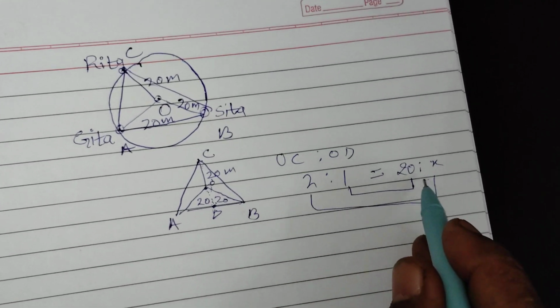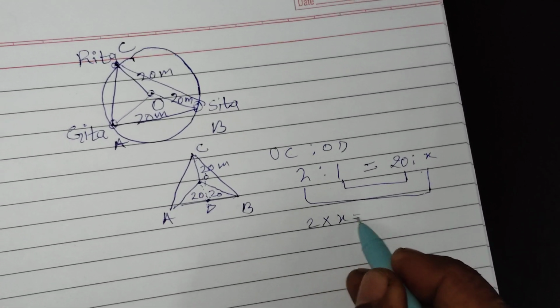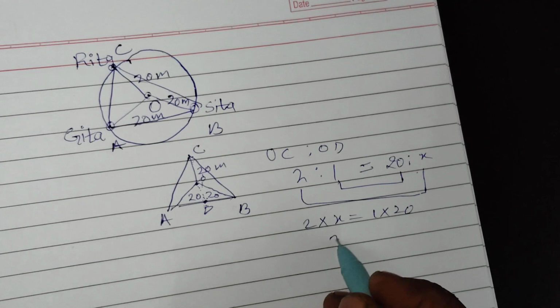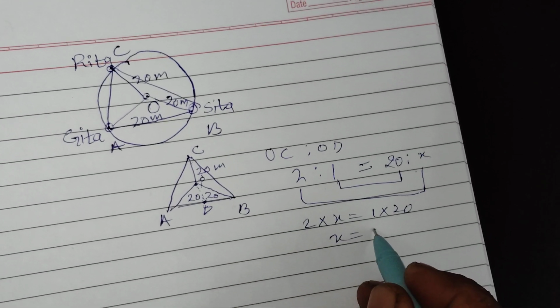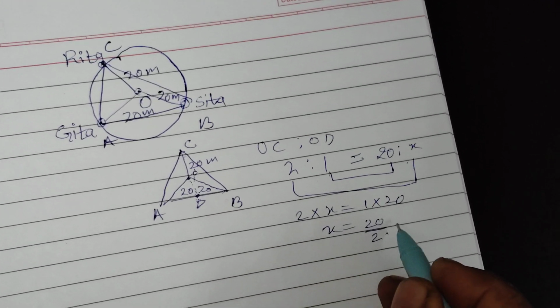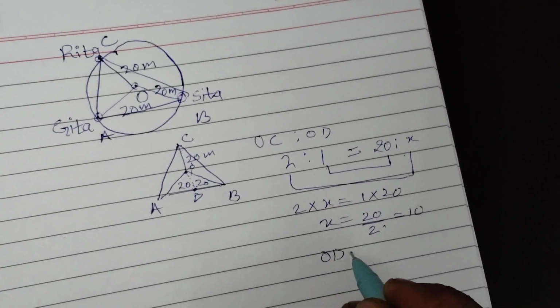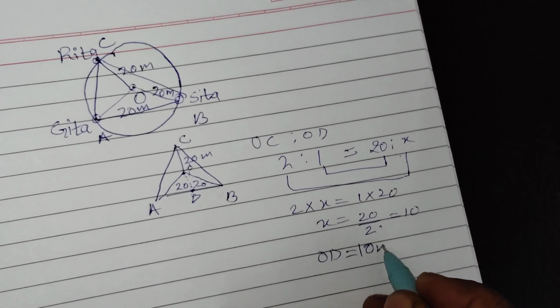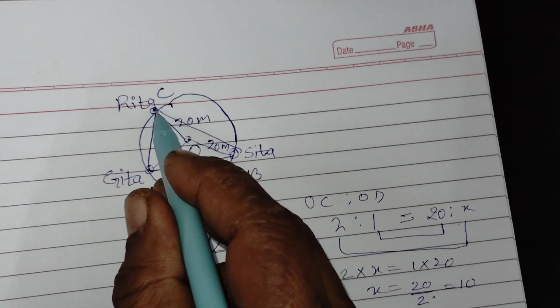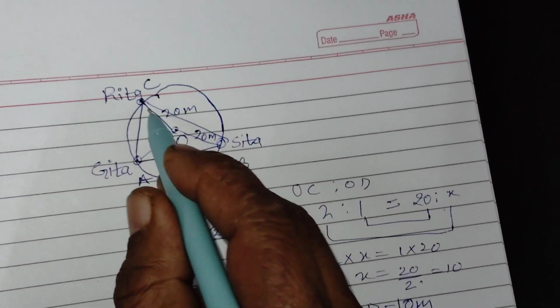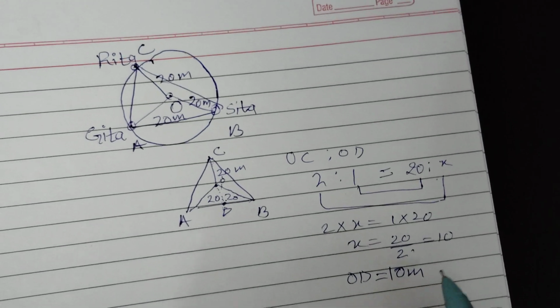We can write 2 into x equal to 1 into 20. So x equals 20 upon 2, which means 10. So OD is 10 meter.